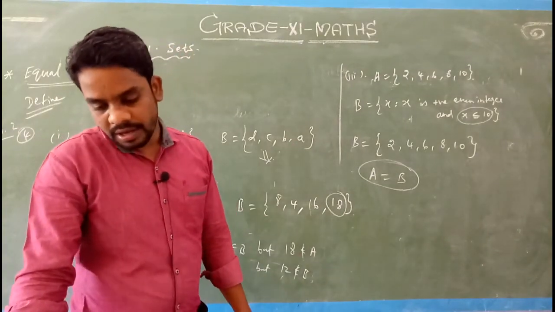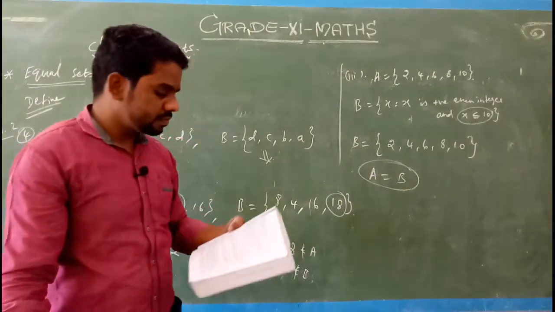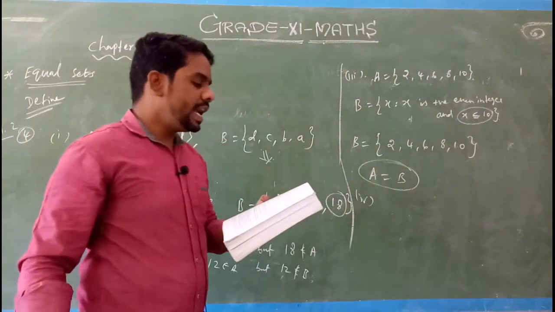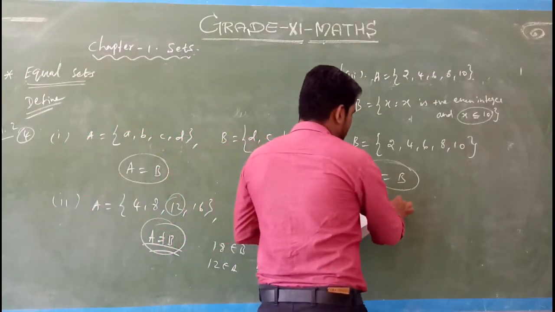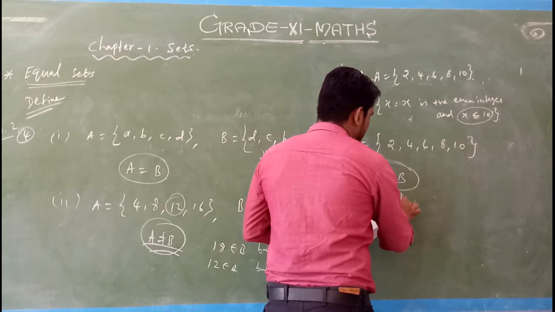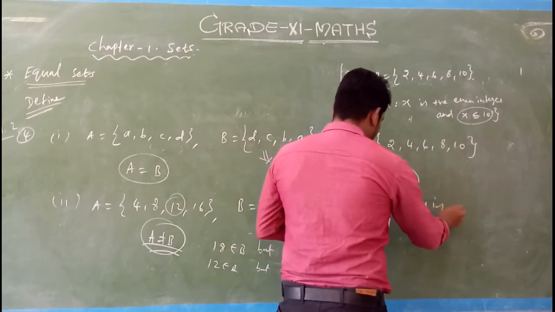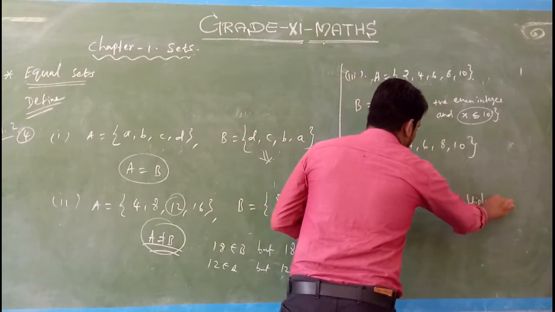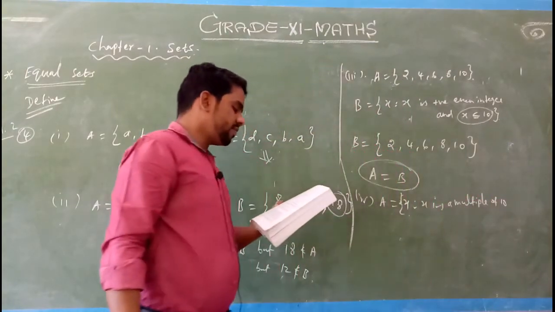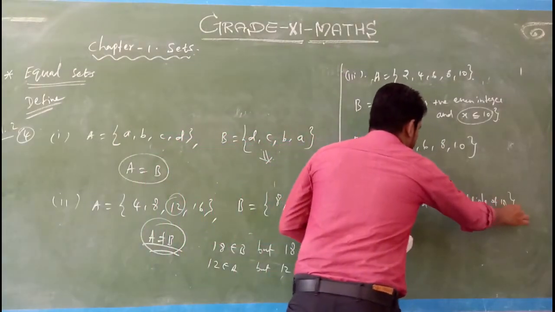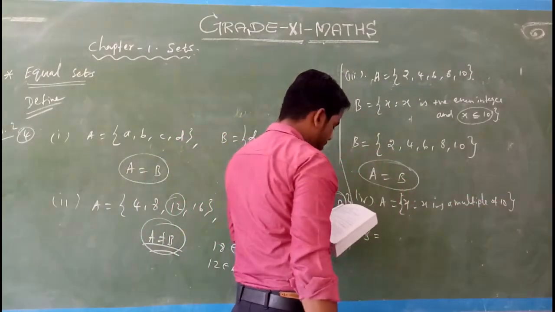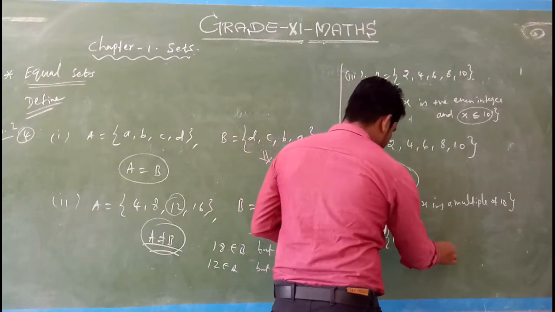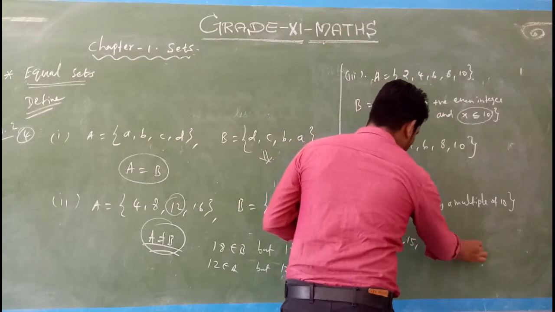Okay, right. Next, the fourth question. Let's say A equals {x such that x is a multiple of 10} and B equals {10, 15, 20, 25, 30 and so on}.